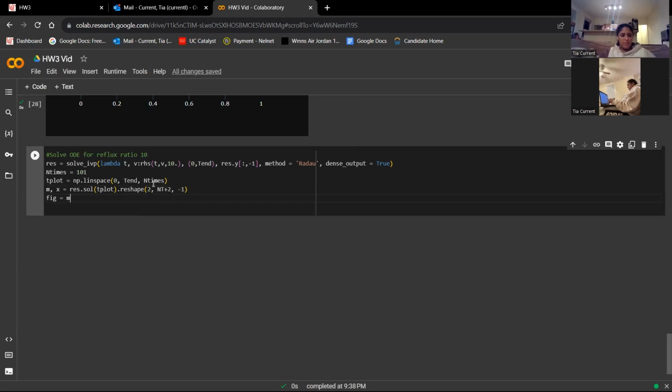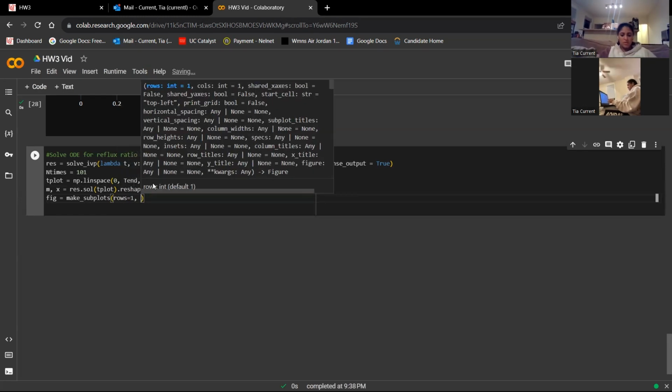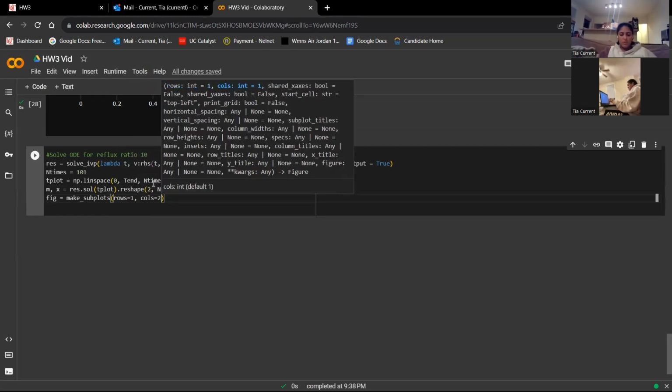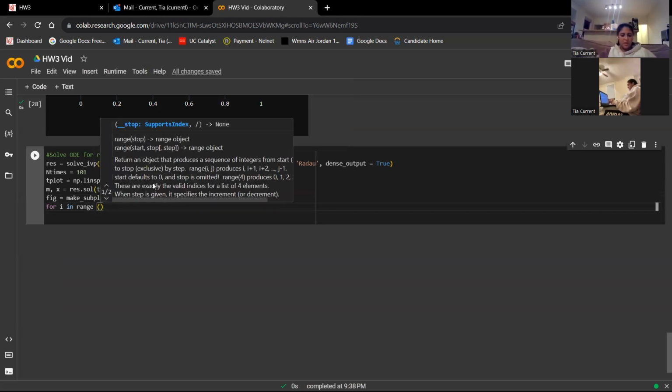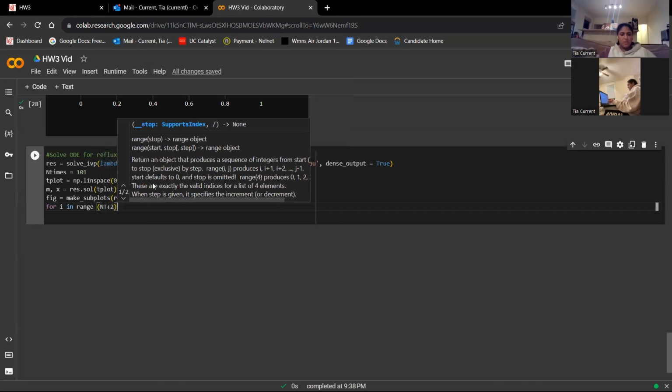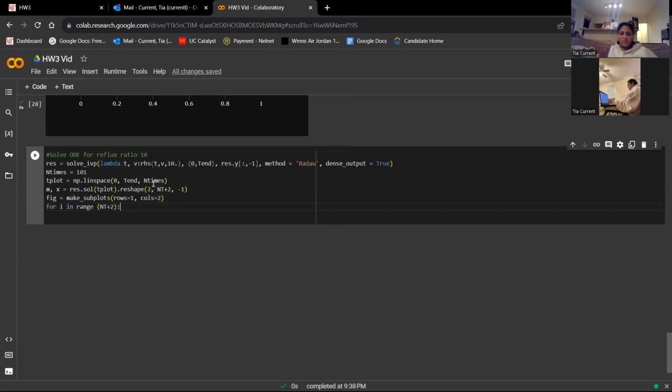Big scores of plots, rows equals 1, cols equals 2. Okay, and then for i in range of t_plot.